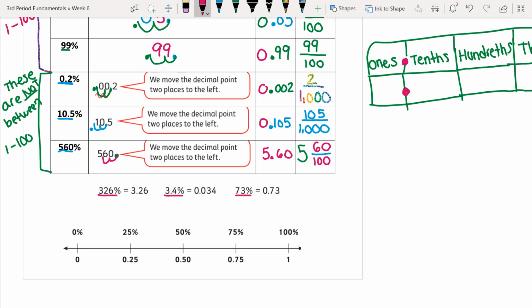So let's start with 326%. Looking at what we have right now, we have 0, 25, 50, 75, 100. Well, 326 is more than our 100, which means I'm just going to draw a little arrow right here after the 100 to say, hey, this is where 326% would actually be.